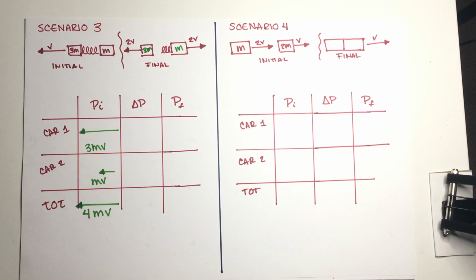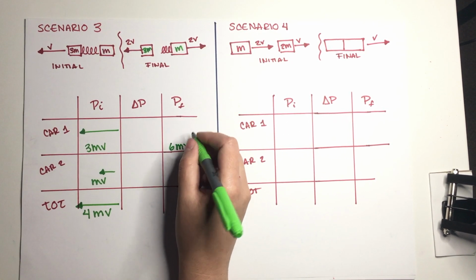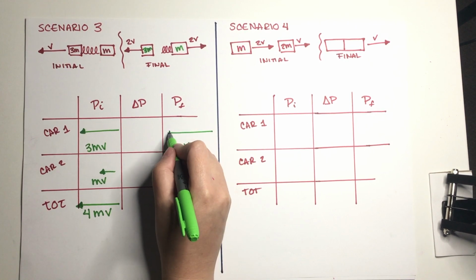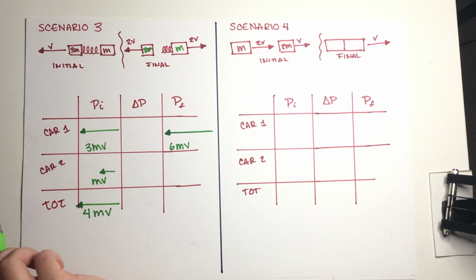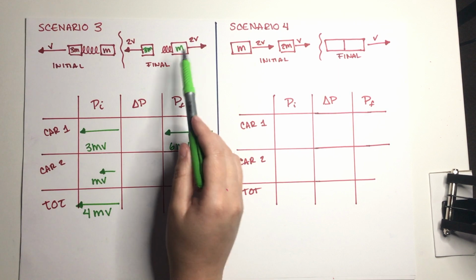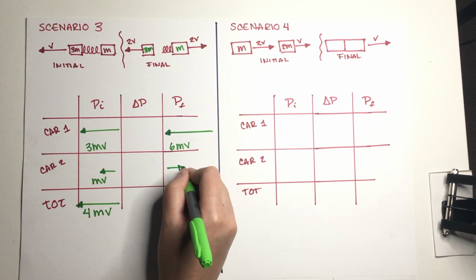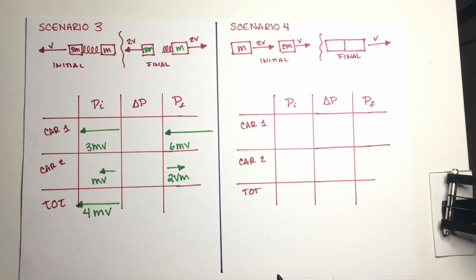So we just need to multiply that, 2v times 3m, and that's just going to be 6mv, like this. Now for the other one that's moving in the other direction, we have 2v times m, so that is going to be equal to 2vm, or 2mv, it's really the same thing.